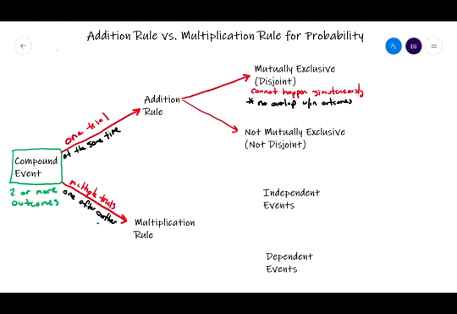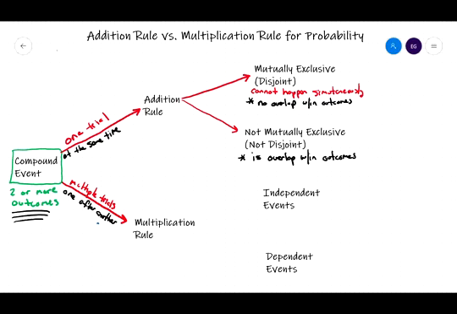And if the outcomes, we're talking about these two or more outcomes, are not mutually exclusive, not disjoint, that means they can happen simultaneously. So there is overlap within the outcomes.